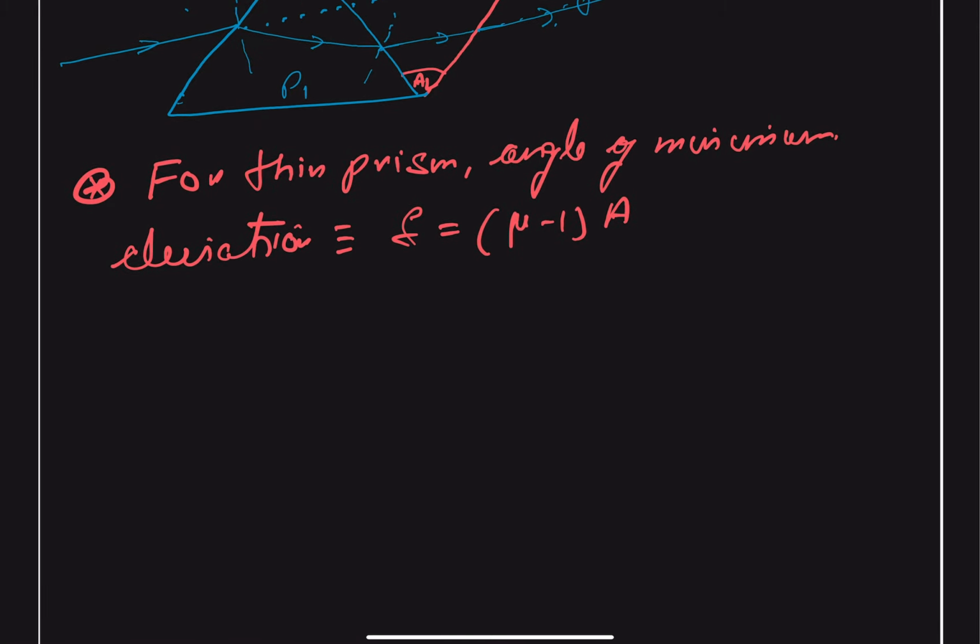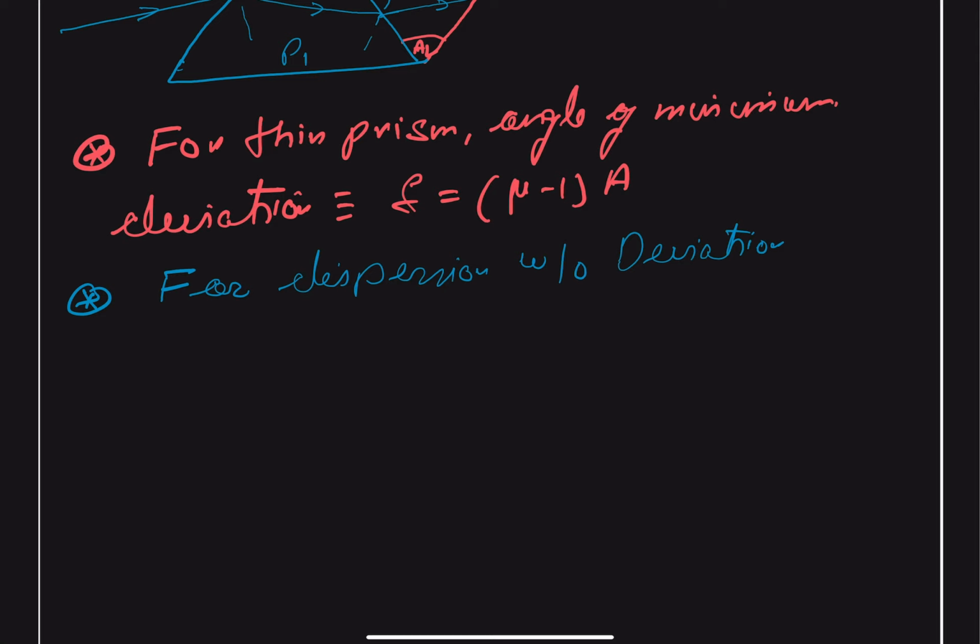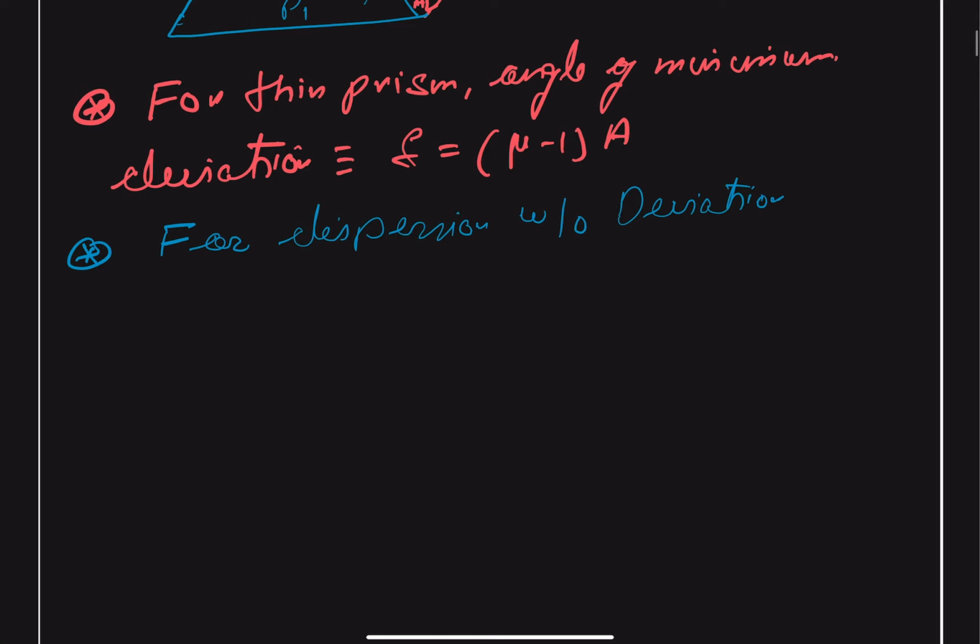It is given in the question that we are having dispersion but without deviation. So for dispersion without deviation, the net deviation should be equal to 0, or we can say the deviation produced by the first prism, that is delta 1, should be equal to the deviation produced by the second prism.